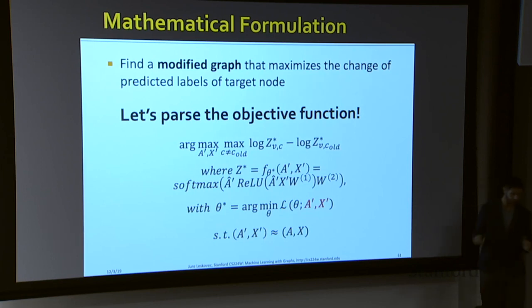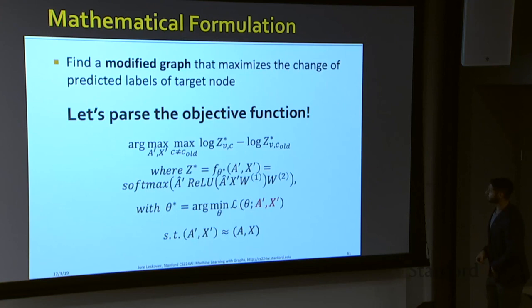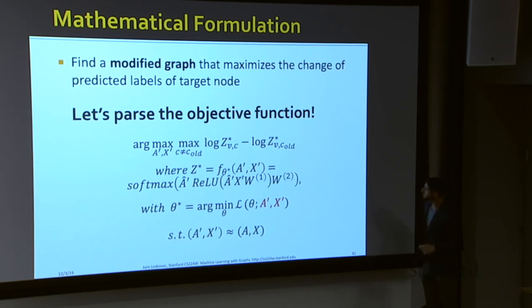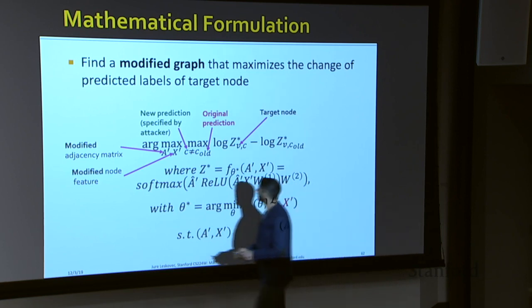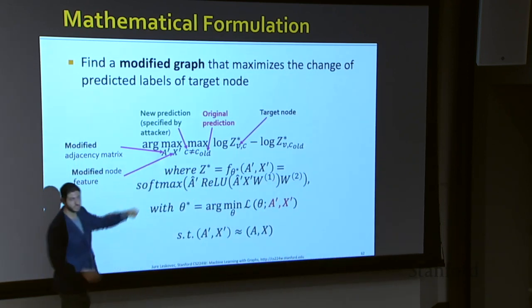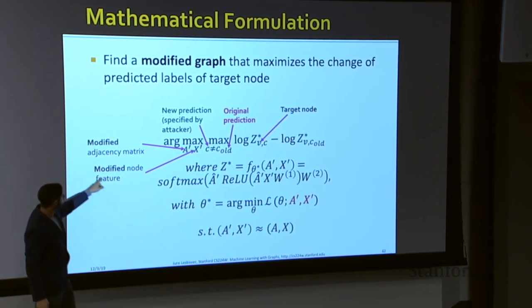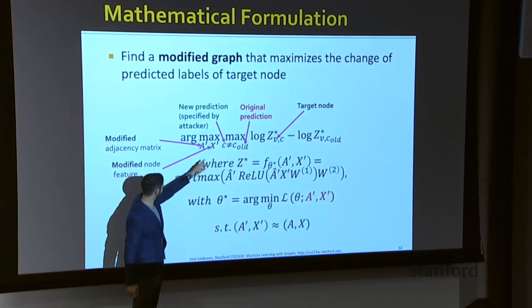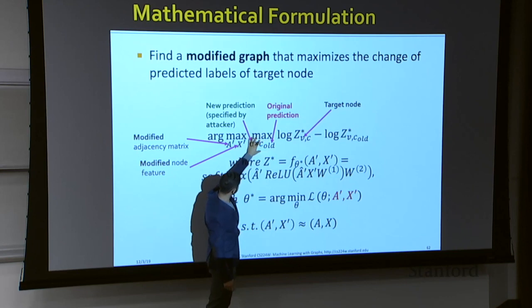Now, let's turn this into formulas, into a model, and let's see how we can make it work, okay? So at the end of the day, what we want to do is find a modified graph that maximizes the change of our predicted labels, and our objective function is the following. We're going to be producing, first of all, a modified adjacency matrix. We said we want to be changing some edges in our graph. We also want to modify some of the node features. So we want to maximize the outcome of our predictions.